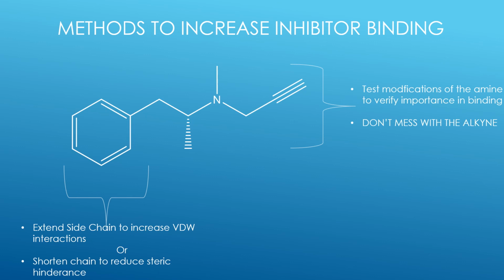The one part of the molecule we don't want to touch here is the alkyne at the end. This alkyne is what binds to the nitrogen on FAD, and removing this alkyne would likely drop the activity of the enzyme significantly.